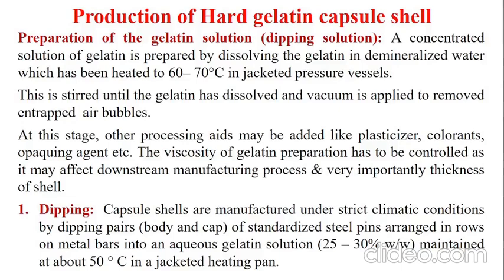In dipping, we take the pair of pins and dip them into the dipping solution, and thereafter the pins are moved upward, followed by spinning several times in order to adsorb the gelatin solution uniformly onto the pin, and thereby it forms a proper molding.